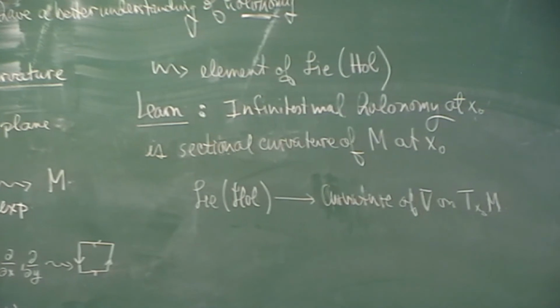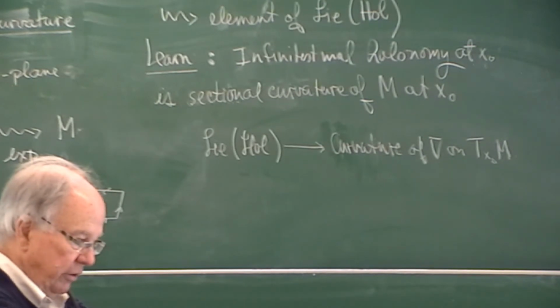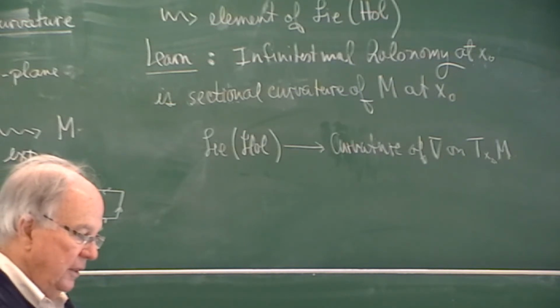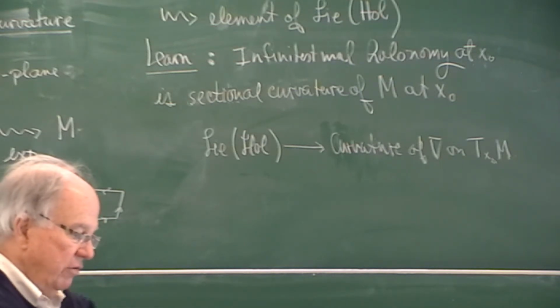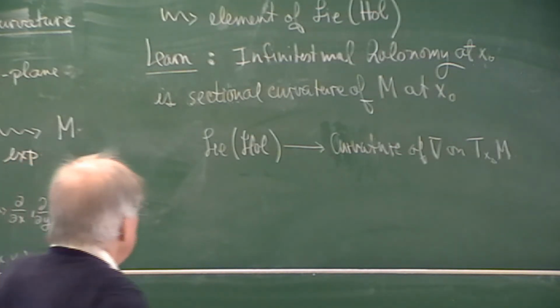I proved nothing here, but this is easy to make precise. The Lie algebra means the tangent vector to curves. So you have one parameter subgroups in the holonomy. That gives you curvature in various directions, in various planes, and so on.